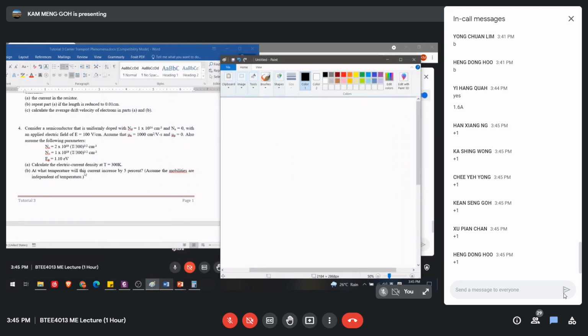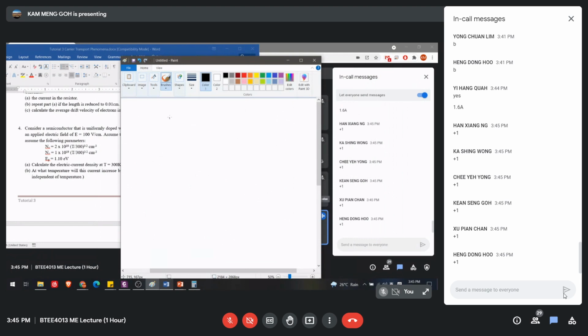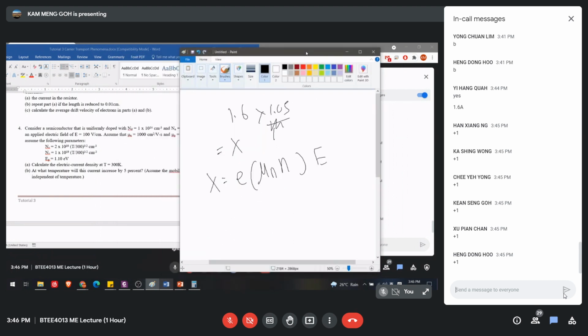So at what temperature will this current density increase by 5%? Your earlier 1.6 will be multiplied by 1.05. Let's say that equals an S value. S value will be equal to E mu n multiplied by the field E, because mu P will be equal to 0.